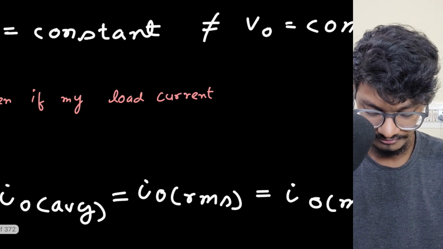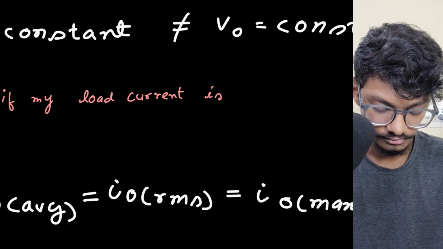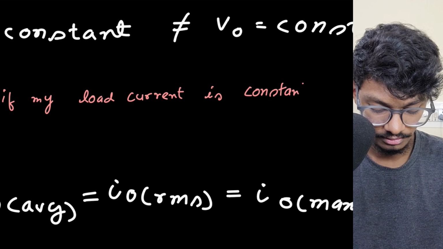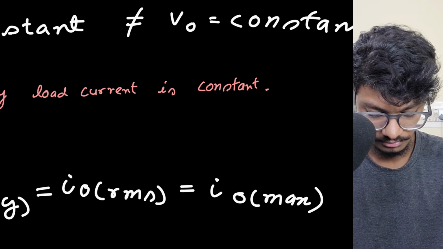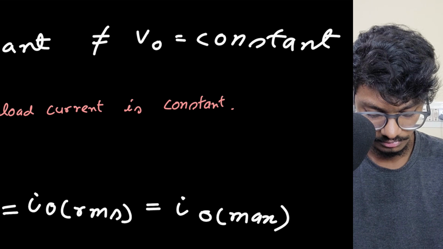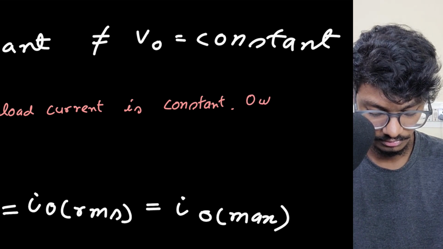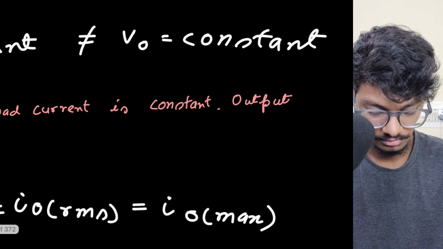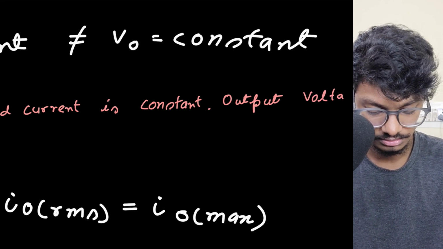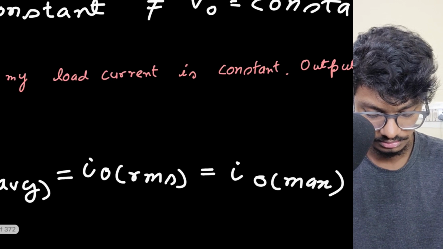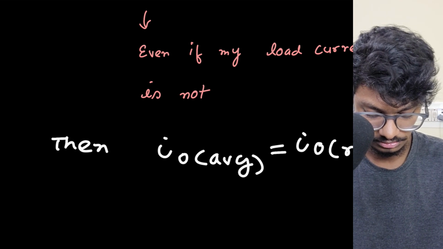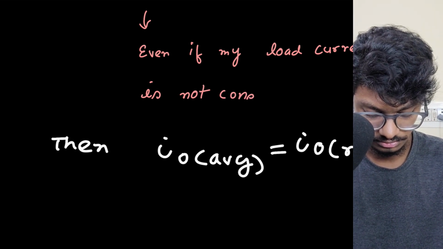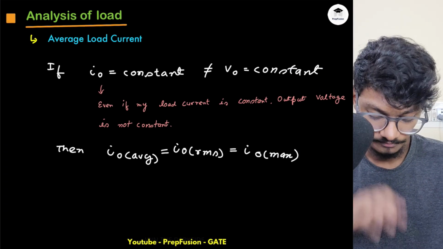So even if my load current is constant, output voltage is not constant. This is one point I wanted to mention.